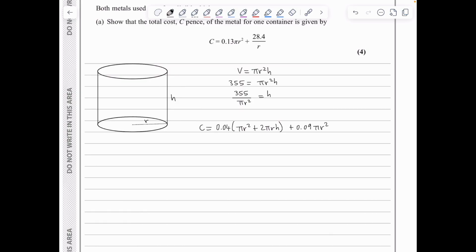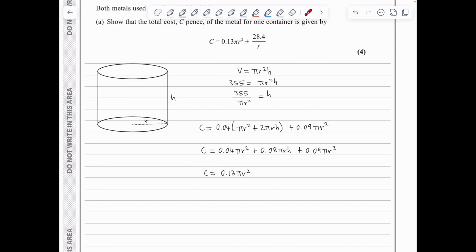Now I will start by expanding this, so we're looking at C is 0.04 pi r squared plus 0.08 pi r h plus 0.09 pi r squared, and I will be substituting h with the 355 over pi r squared we obtained from the fact that we had the volume fixed. And so we've got C is 0.13 pi r squared.